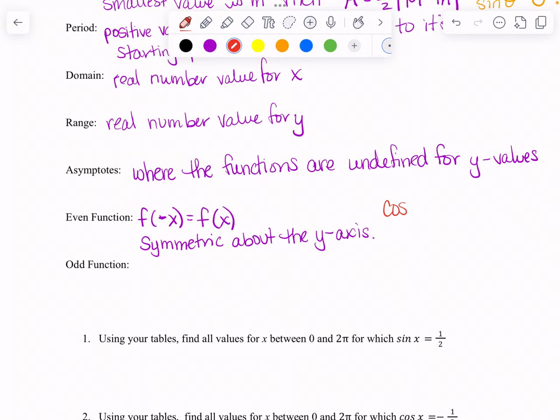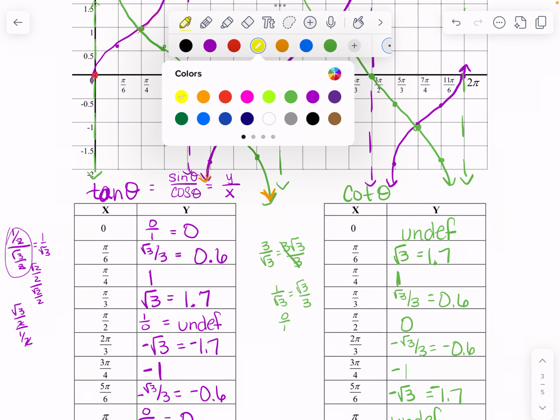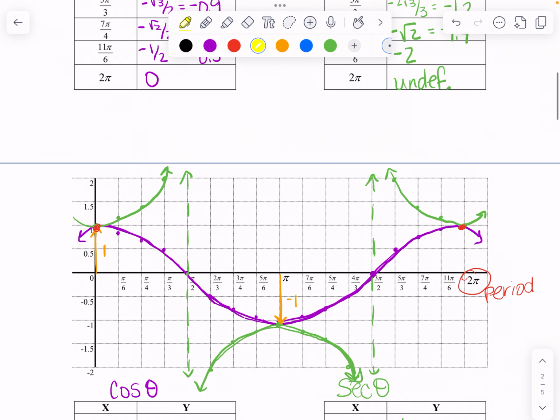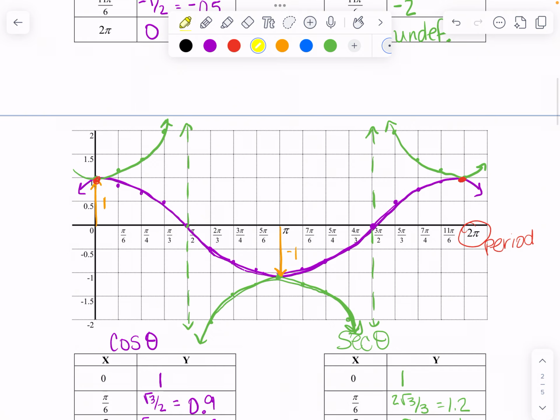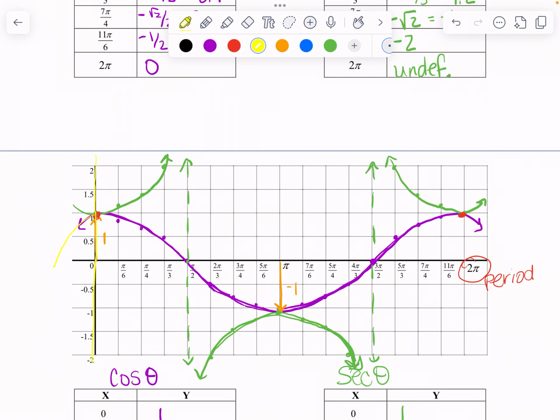So the cosine of negative theta is equal to the cosine of positive theta. When we look at the graph of cosine, here's my cosine graph, he's symmetric about the y-axis. So if I fold this guy on the y-axis, my graph would repeat over here. So my cosine function is an even function, which also means that secant's an even function.